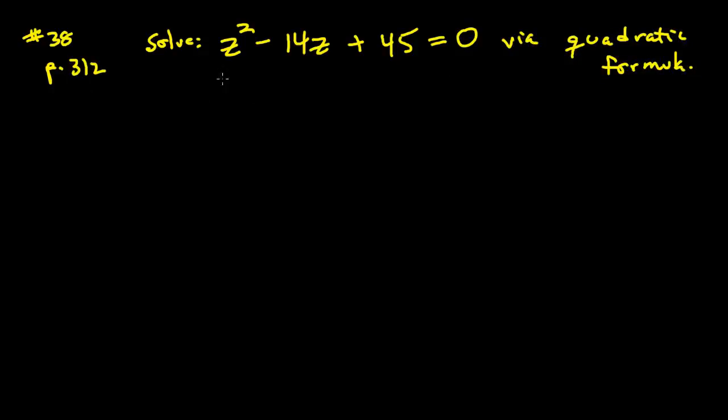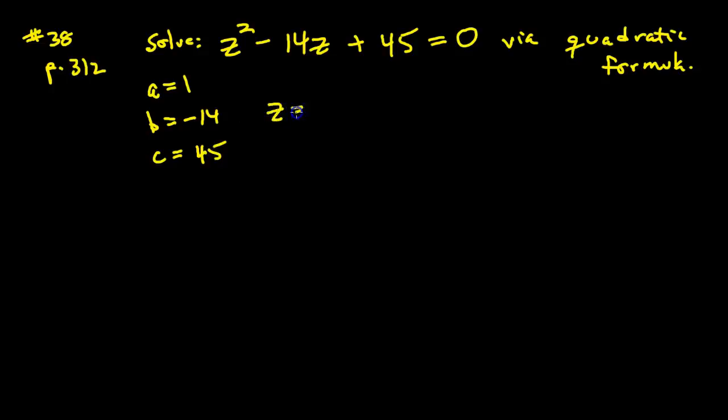All right, we are already in standard form on the left-hand side, and we've got it equal to 0 on the right-hand side. So I'll write down my coefficients. A equals 1. The lead coefficient is an invisible 1. B equals negative 14. Be a little careful here. And C equals plus 45. Can't really simplify this equation any further, so I'll jump right into the quadratic formula.